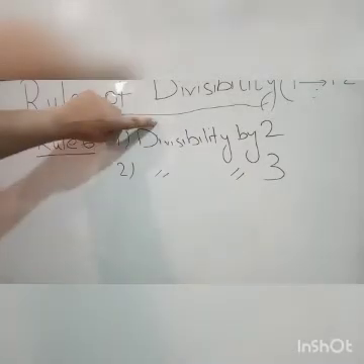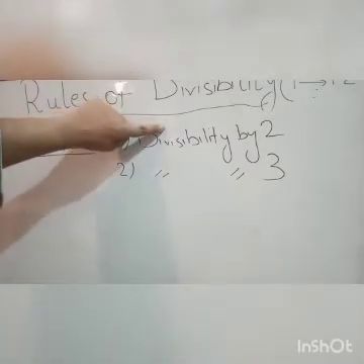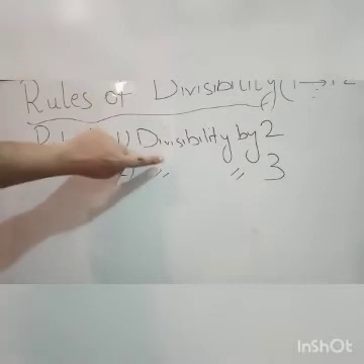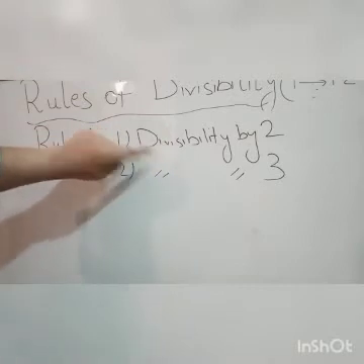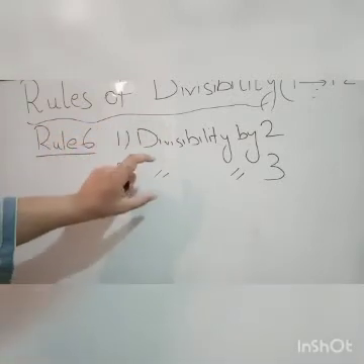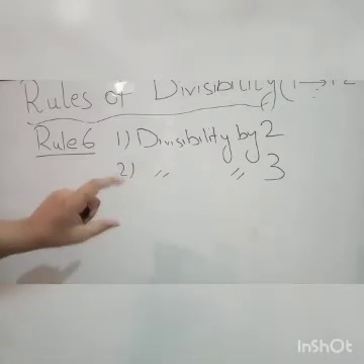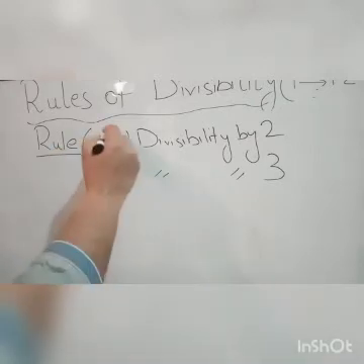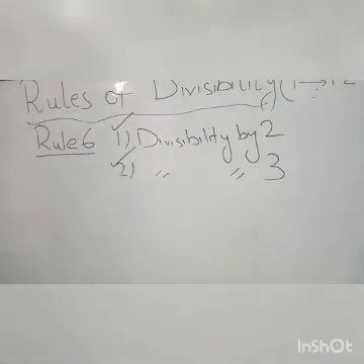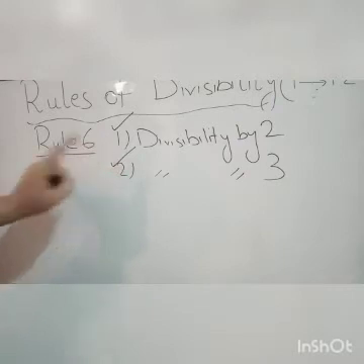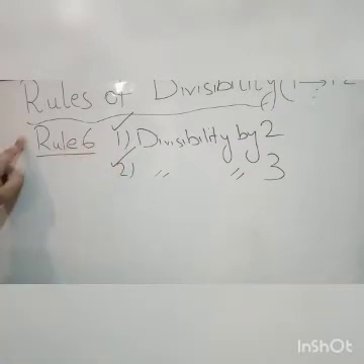What is the rule for 2? If the last digit is 0 or an even number, it is divisible by 2. What's the rule for 3? Add all the digits. If the sum is divisible by 3, then that number is divisible by 3. So you need to check these 2 rules first. If any number satisfies these 2 rules, then that number is divisible by 6 as well.